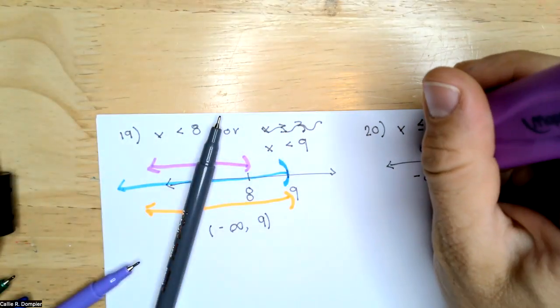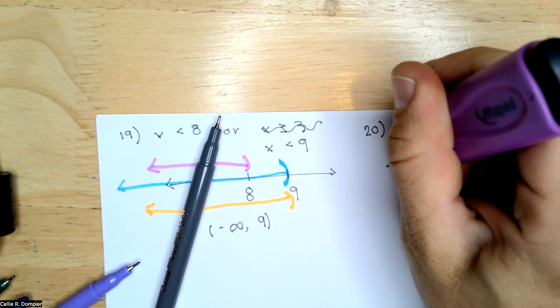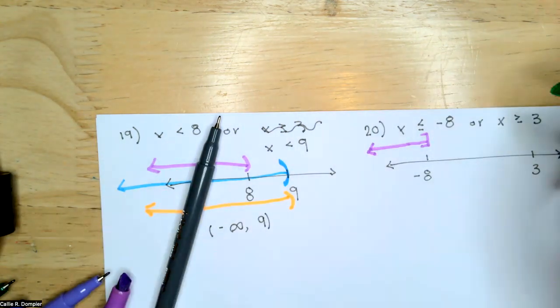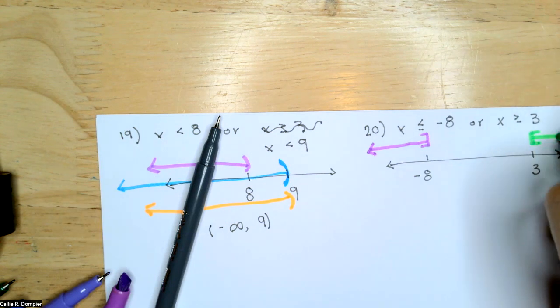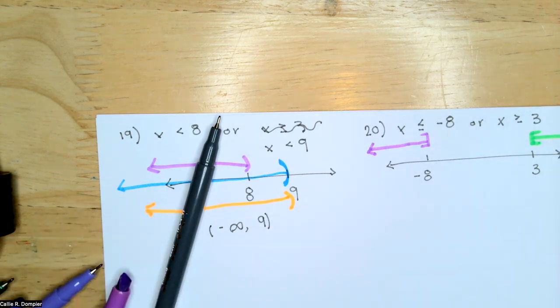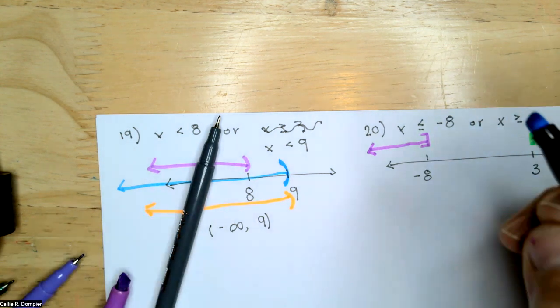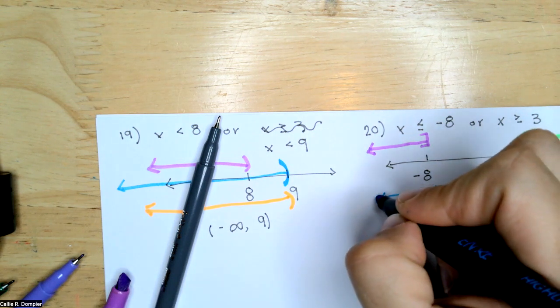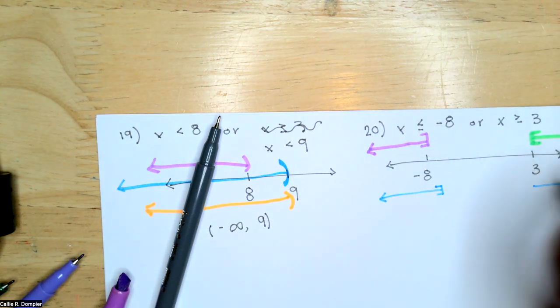That means I get a bracket. And then x is greater than or equal to 3. For your final answer, you are going to include that and that in your answer.